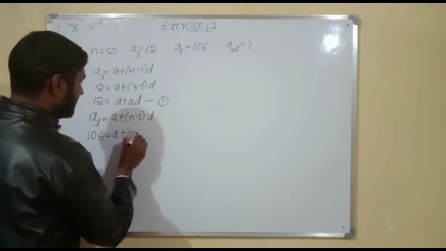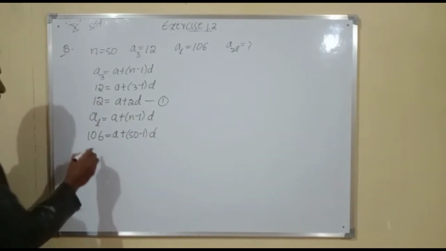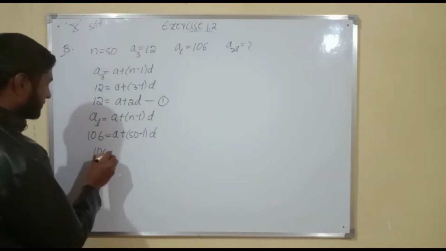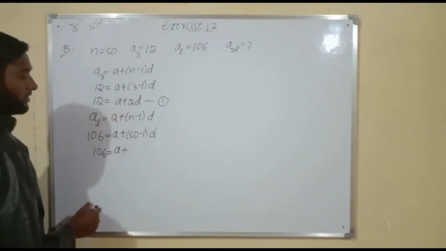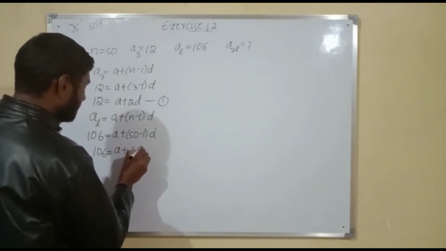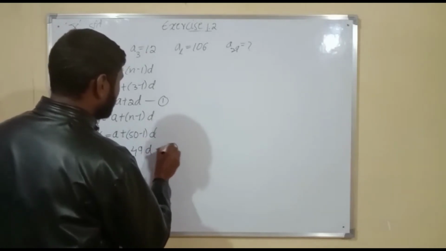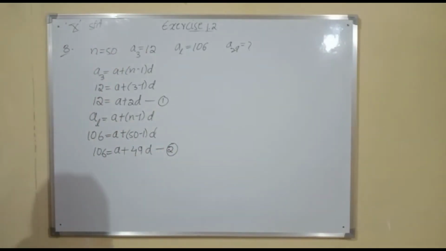So 50 minus 1, we don't know D, so keep it as it is. So 106 is equal to A plus 50 minus 1 D, which is 49D. Let it be equation number 2.